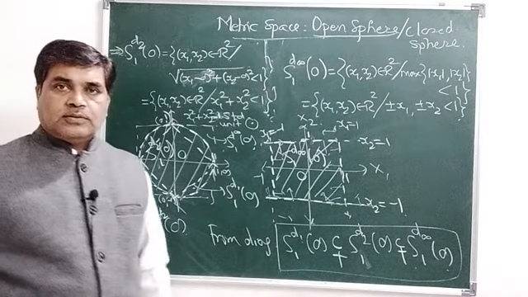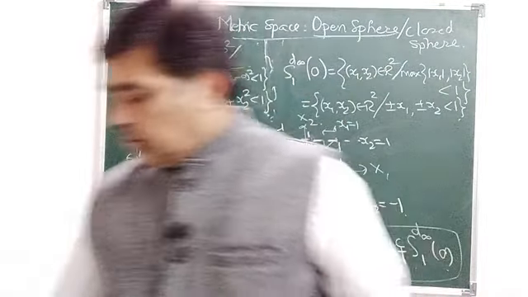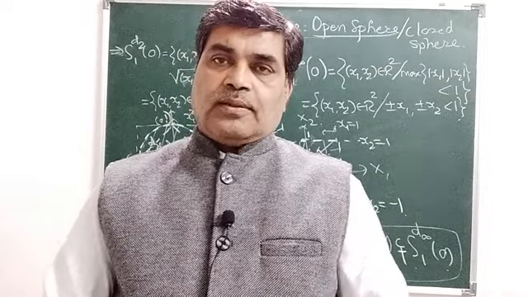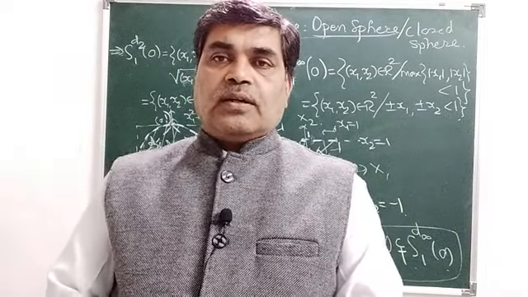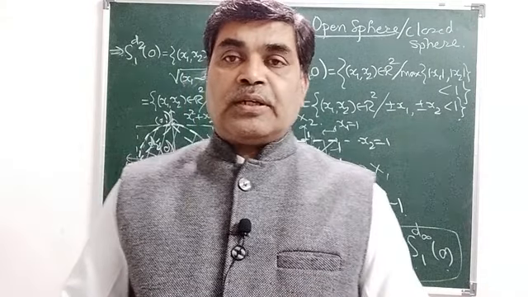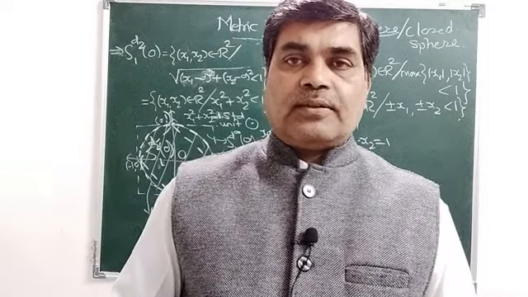Is it clear? With this discussion, today we will stop our topic here. By next lecture, I will talk on the topic of closed sphere, and with the help of open sphere, we are going to talk about the open set concept. Bye bye.